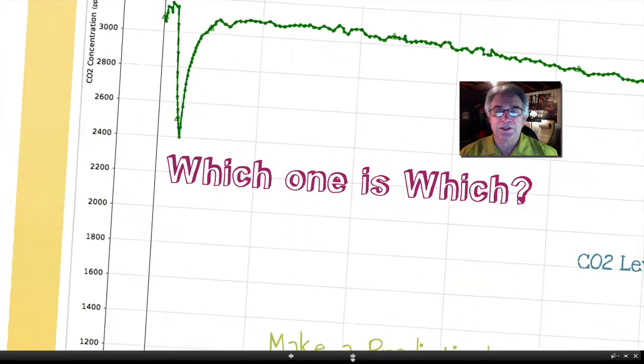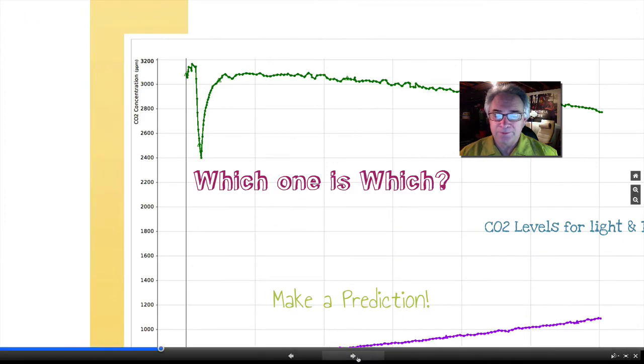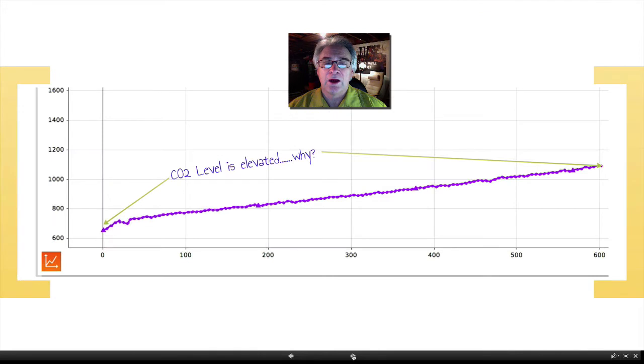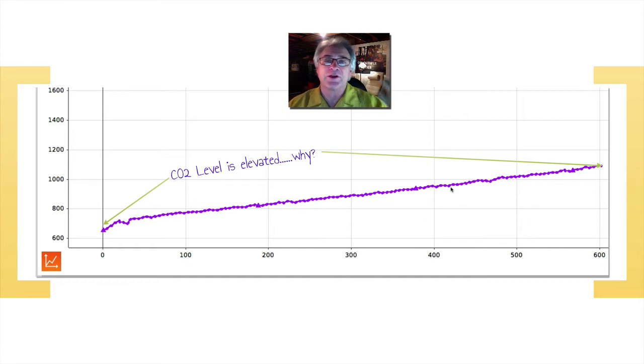Now this next one, if we took a look at the CO2 of this line, this is what happens when we covered our apparatus, and then we collected over a 10-minute period what would happen to the CO2 level. Both are treated basically the same way. We had some aquatic plants.